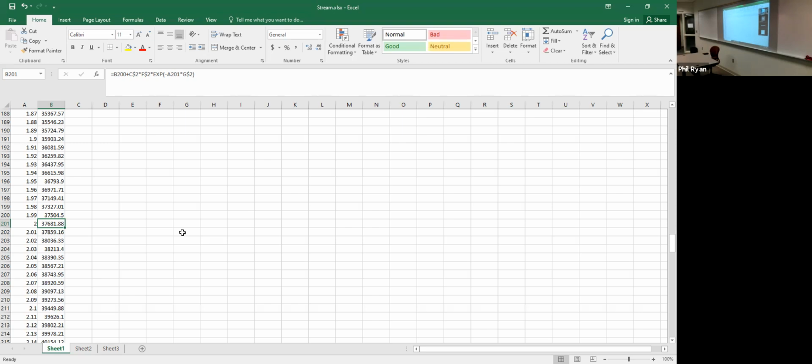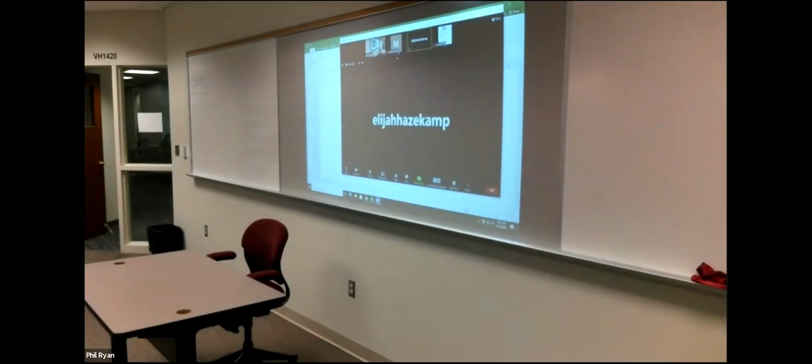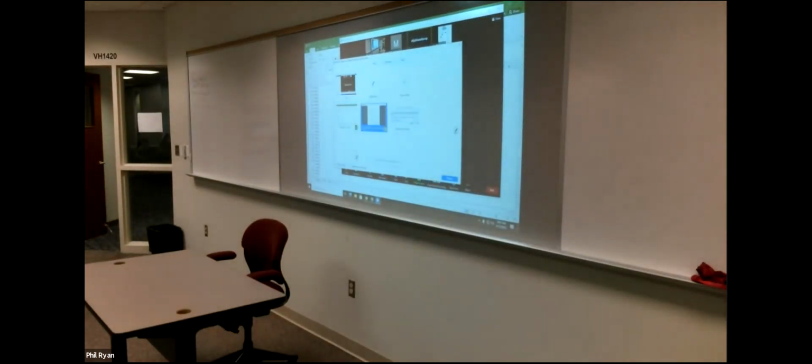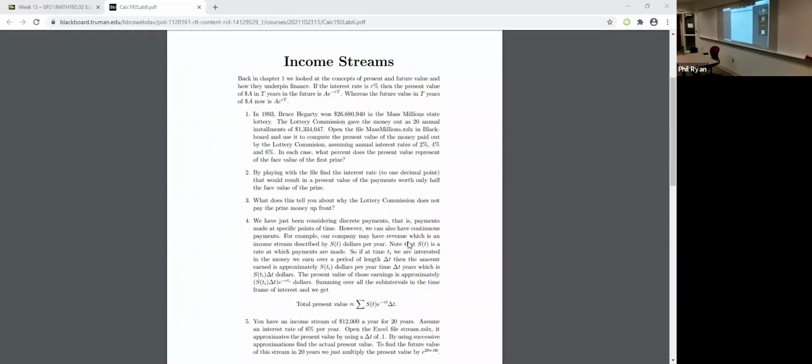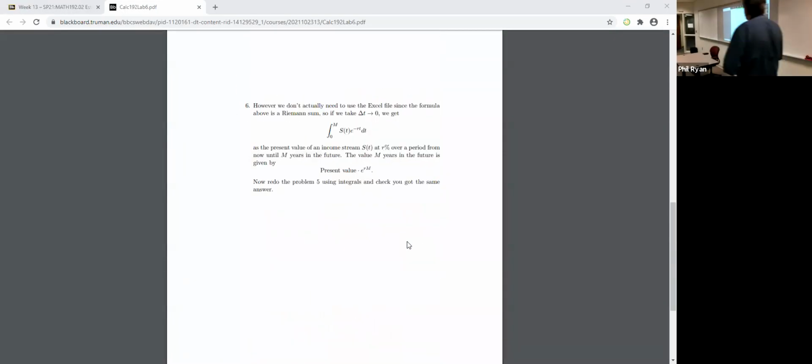But I don't want to write this up forward, but what we can do is do it by an integral, right? Because we see that it's a Riemann sum. So what we should do instead of doing all this is use the formula that we learned on Thursday.